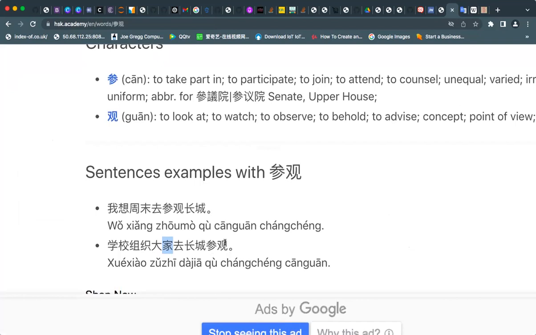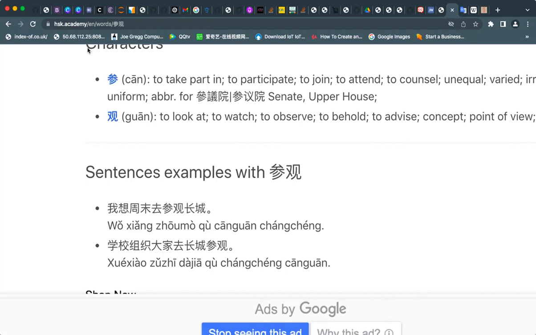So everyone is going to read or to tour the Great Wall. Gotcha. That's interesting. So it would be everyone in the school is going to visit the Great Wall.